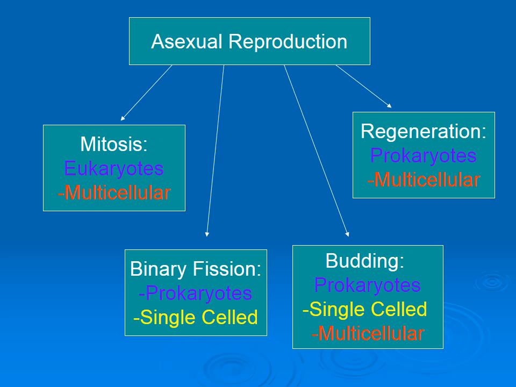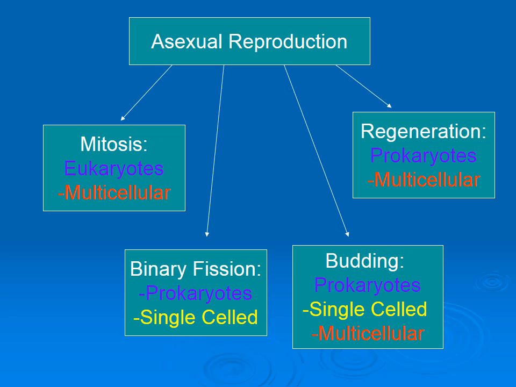So mitosis, you have to have a nucleus in order to undergo mitosis. Mitosis is a form of asexual reproduction. However, it's different from binary fission, budding, and regeneration because those three are all taking place in prokaryotes, which means they don't have a nucleus.